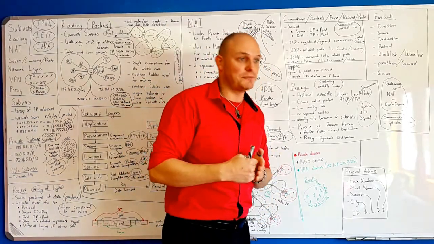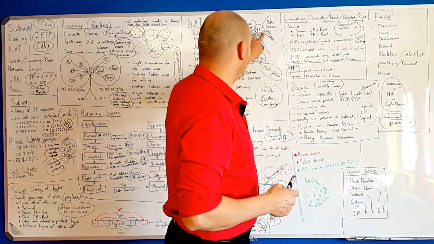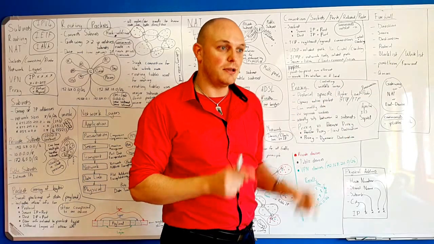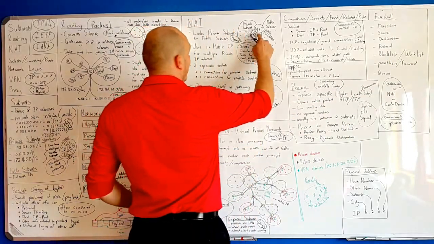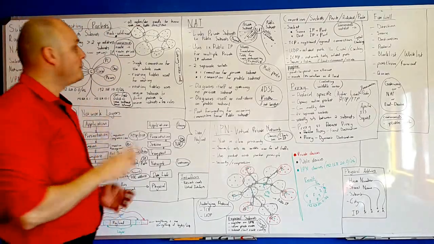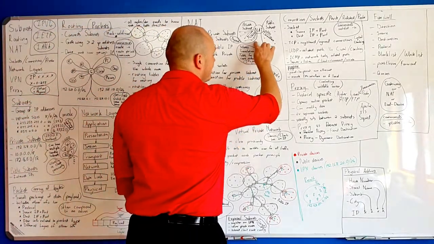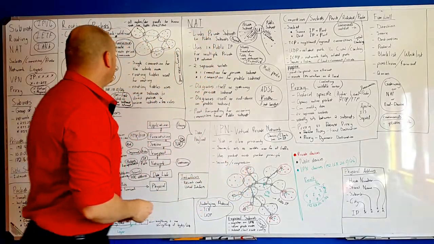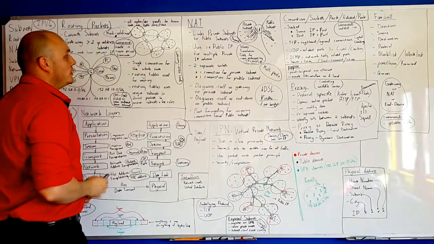Effectively, that connection stops. The NAT then makes a new connection out to the actual IP. But the NAT, as a gateway, has two IP addresses. One IP address sits in your private subnet, and the other IP address sits in your public subnet.